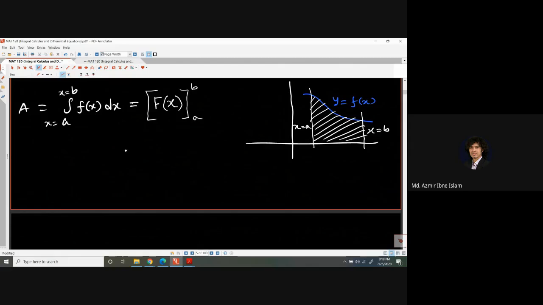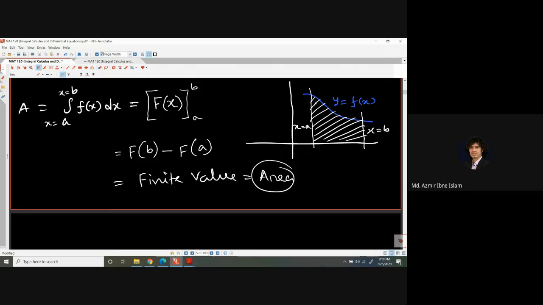We input b in the place of x, negative a in the place of x. After the subtraction, you will get a finite value. That will be the area under this curve from x equal to a to x equal to b.